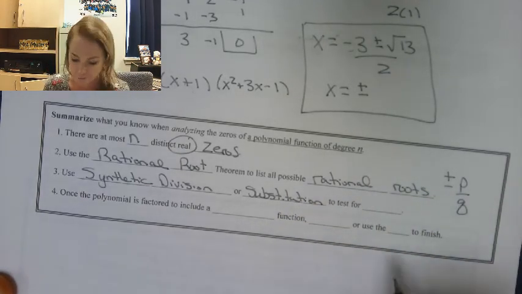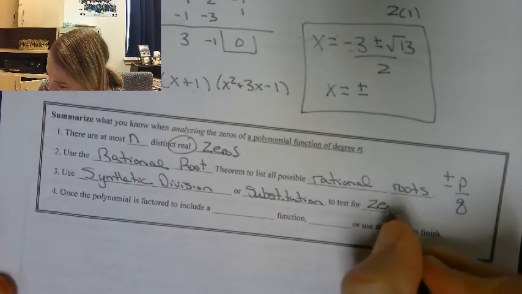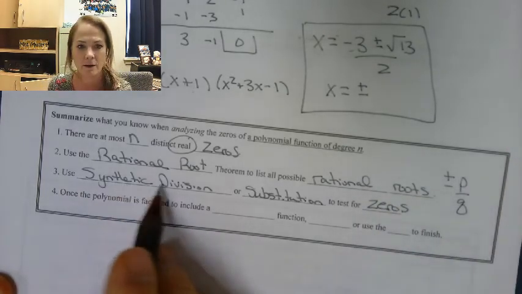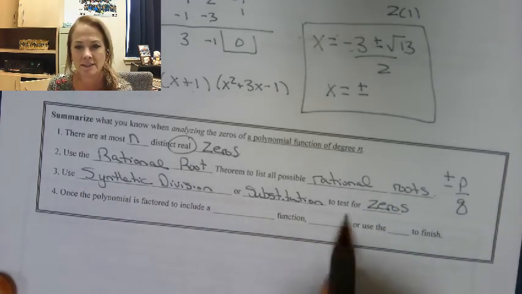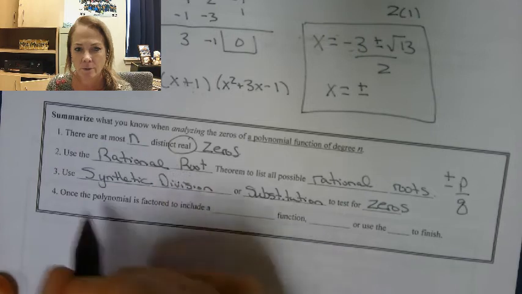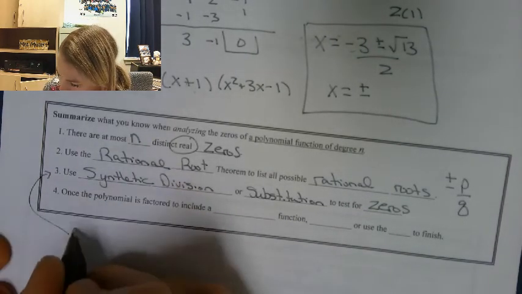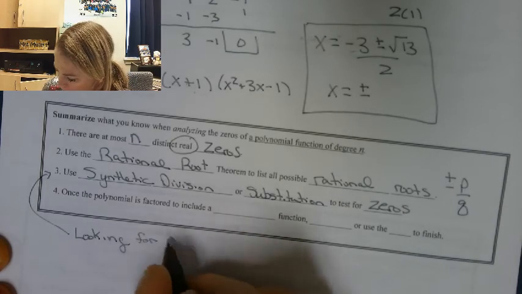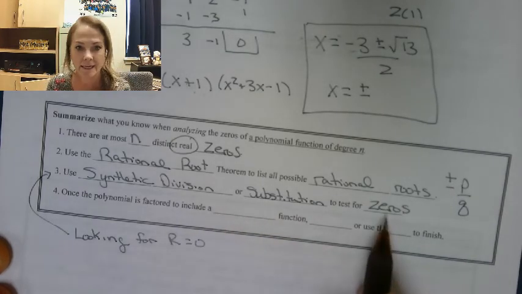Plug it in to test for zeros. So you're looking for a remainder of 0 here, or substitution to test for zeros. Remember, at step 3, you're looking for r equal to 0, whether you plug it in.